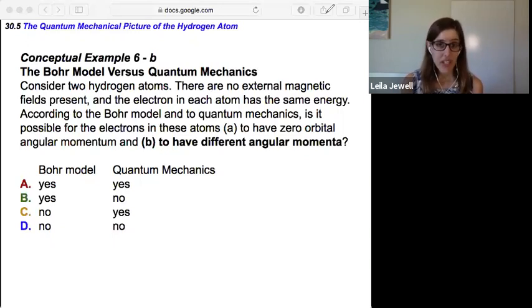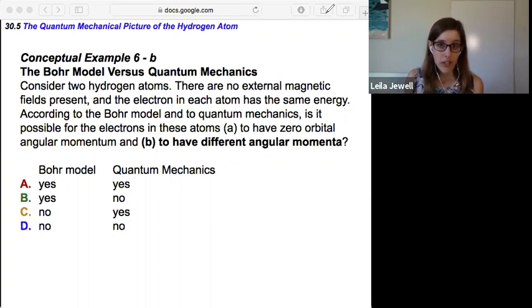So no, they have to have the same angular momentum. But for quantum mechanics, we note that it's dependent on the L value, and there's a range of possible L values even within a given n value, assuming your n is 2 or greater.